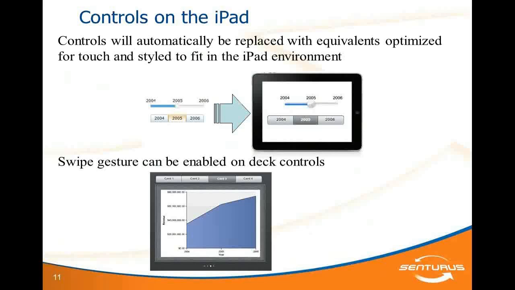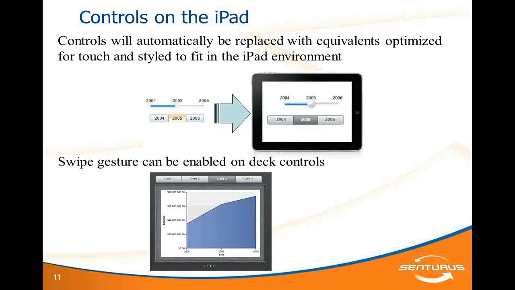All right, controls on the iPad. When you're designing for the iPad, you want to keep in mind some of the objects and how they'll render on that device as opposed to the desktop. Your development is going to be happening on the desktop. And what you're seeing here is two objects, for example the slider up on the top and the button bar below it. That's how it looks on the desktop on the left.